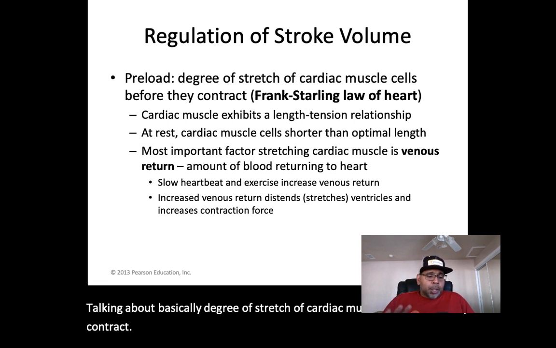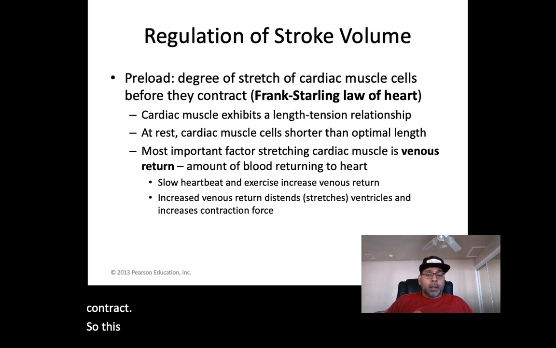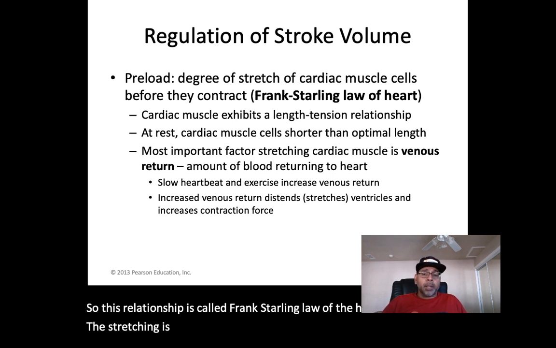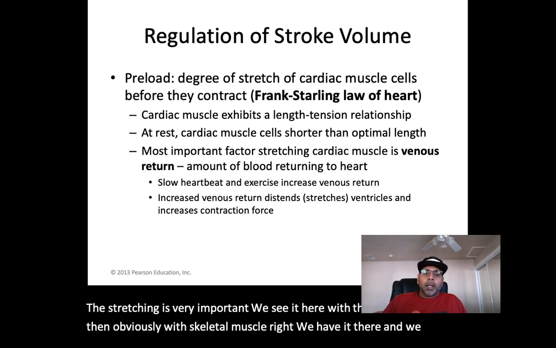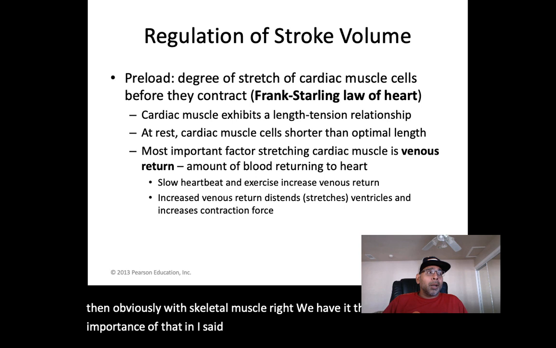This relationship is called the Frank-Starling law of the heart. The stretching is very important. We see it with cardiac muscle, and obviously with skeletal muscle too, like I said, in exercise.